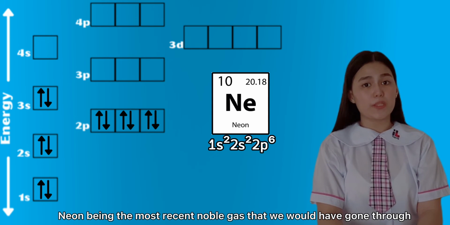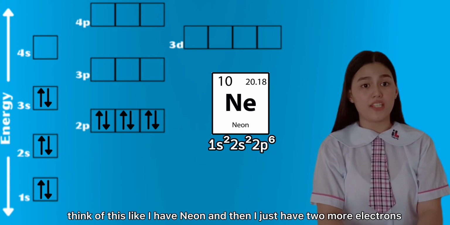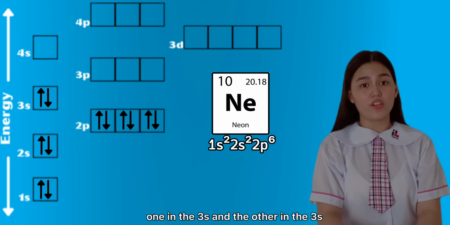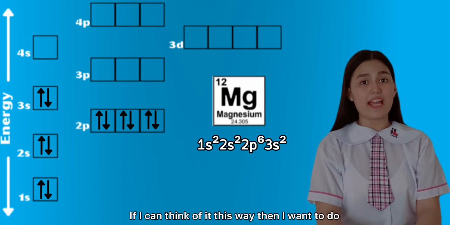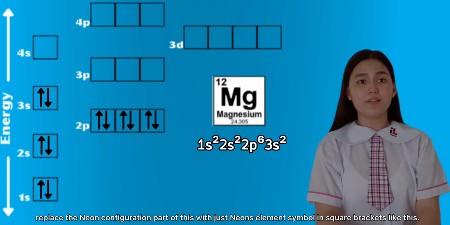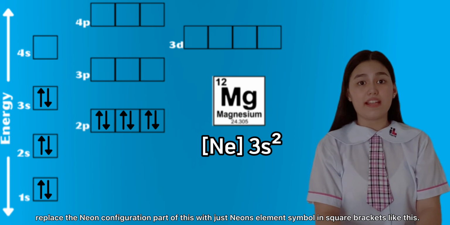Neon, being the most recent noble gas that we would have gone through, is at the end of the periodic table all the way to the right. Think of this like I have neon, and then I just have 2 more electrons, both in the 3s. If I think of it this way, I'm allowed to replace the neon configuration part of this with just neon's element symbol in square brackets, like this.